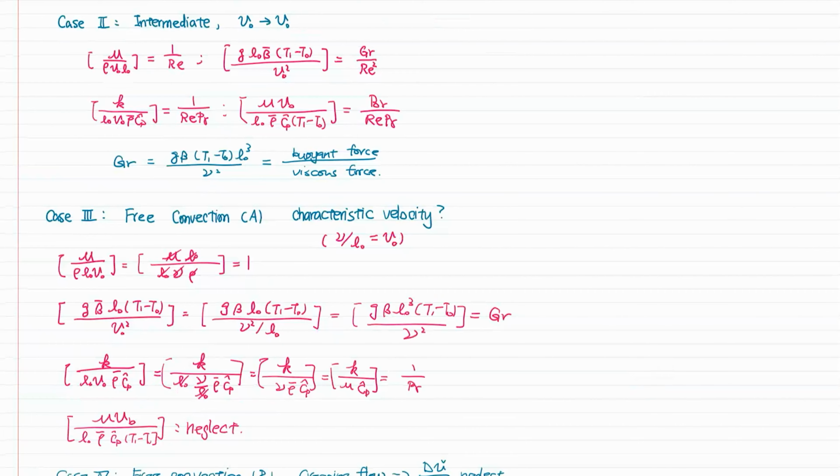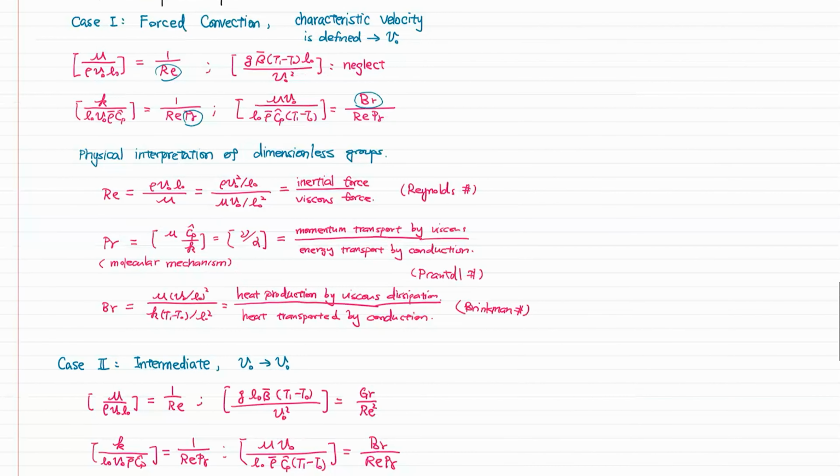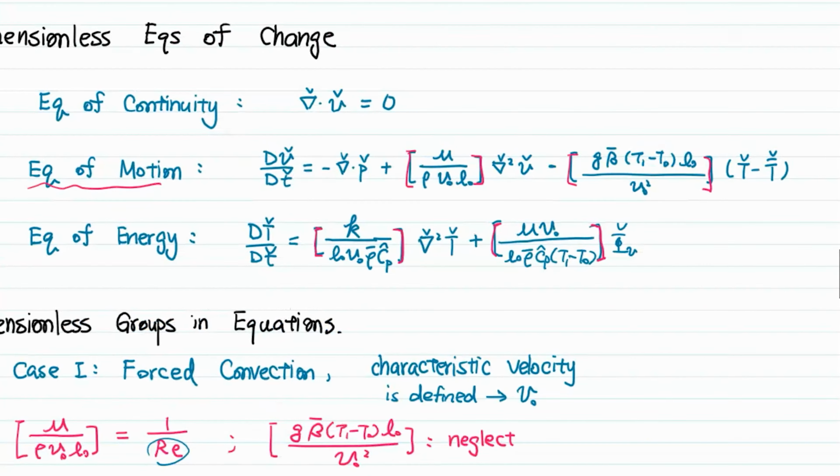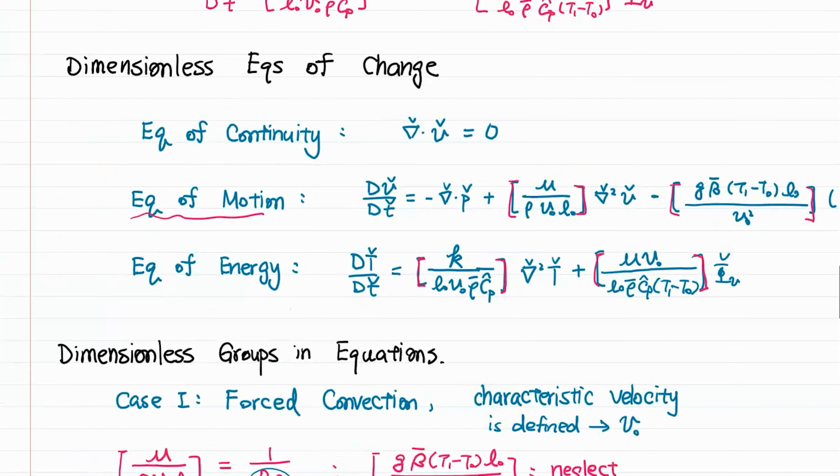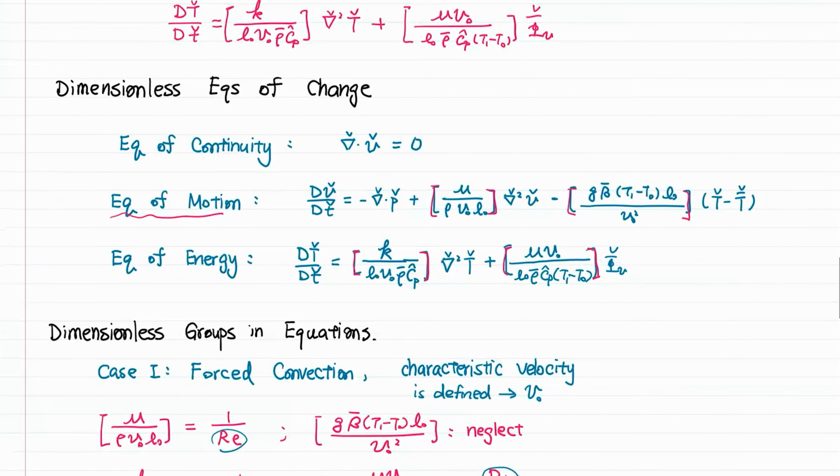The true advantage of using the dimensionless form of our equations of change is that after defining which case is applicable, we can determine the dimensionless groups in the brackets.